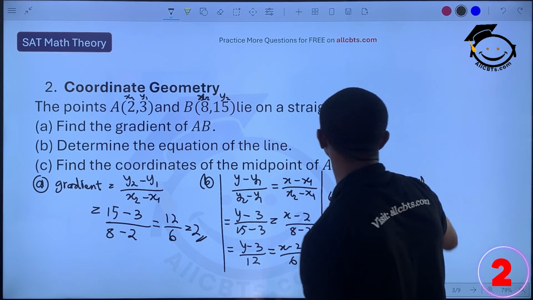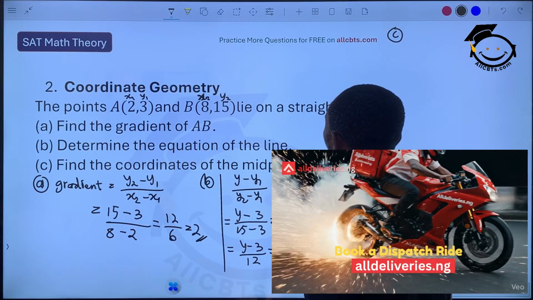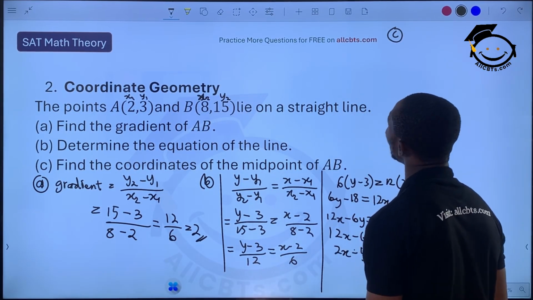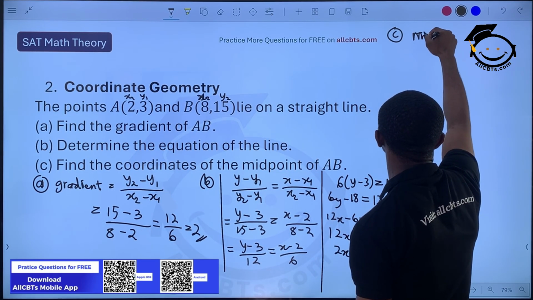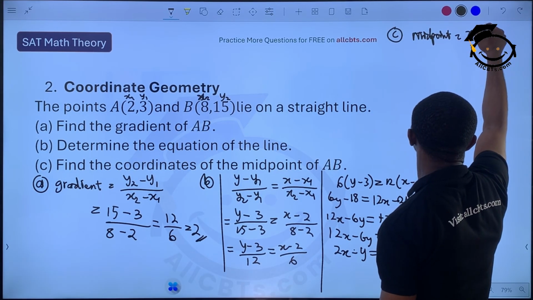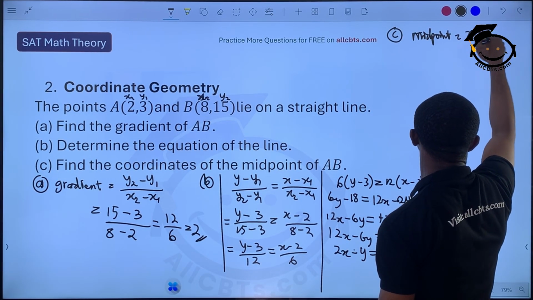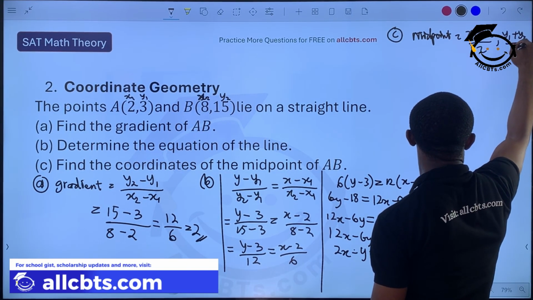And to the C part, it says find the coordinates of the midpoint of AB. Now for us to find the coordinates, the midpoint will be x1 plus x2 and y1 plus y2 over 2.